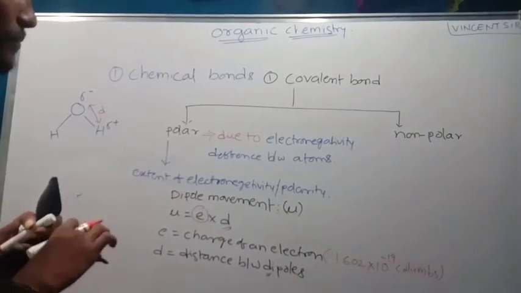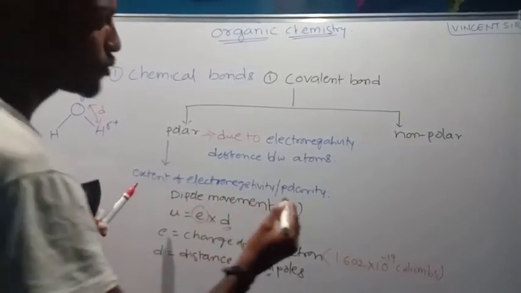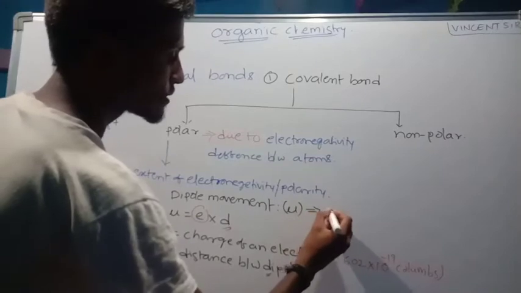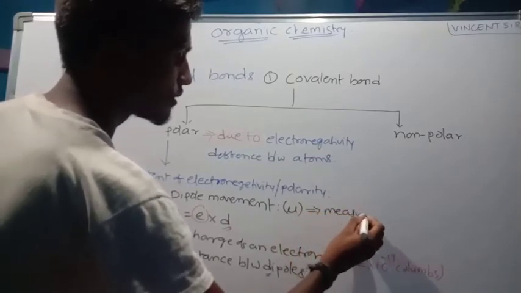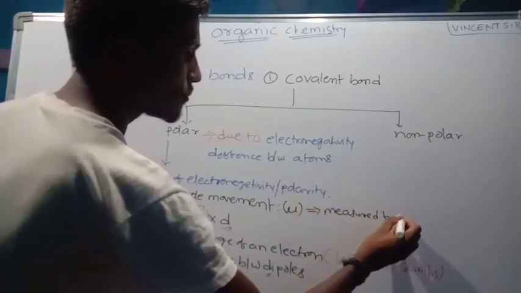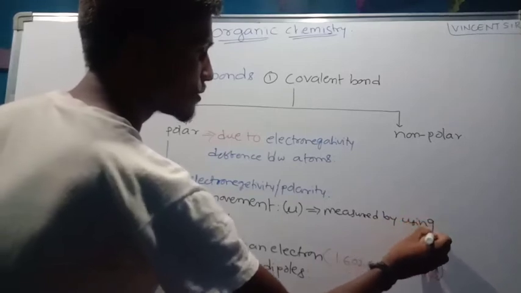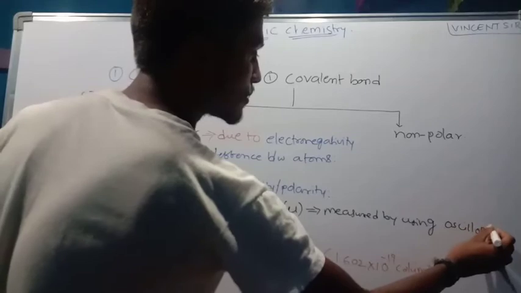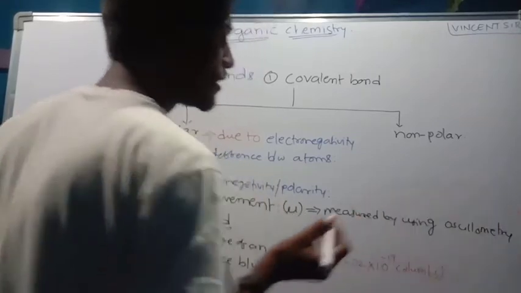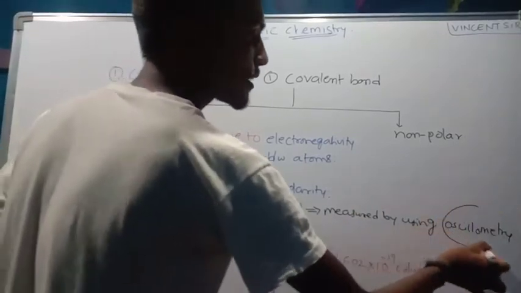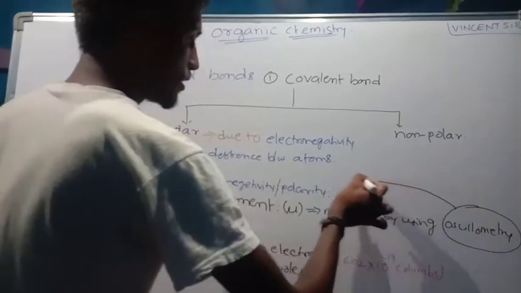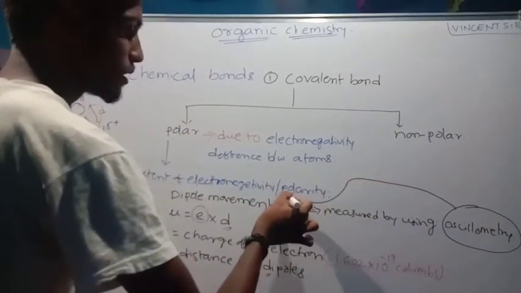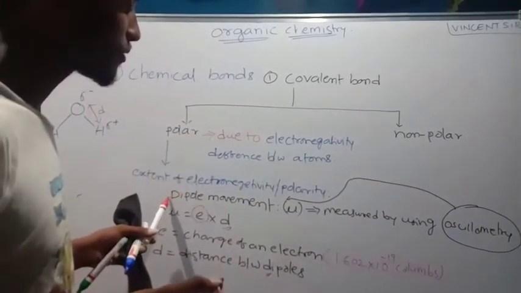This dipole moment can be measured by using oscillometry. Oscillometry is used to measure the dipole moment of a molecule.